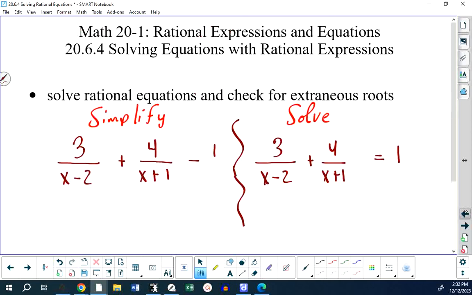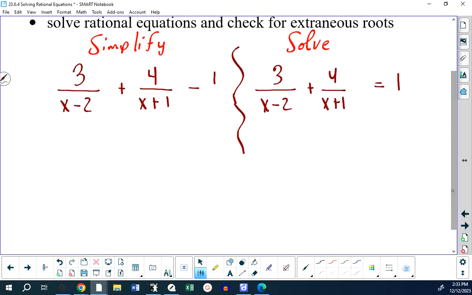Okay, so if I go back now, everybody, to this, there's a big difference between what's going on here. Here, you would be multiplying top and bottom by x plus 1, top and bottom by x minus 2, and top and bottom by x plus 1 and x minus 2.